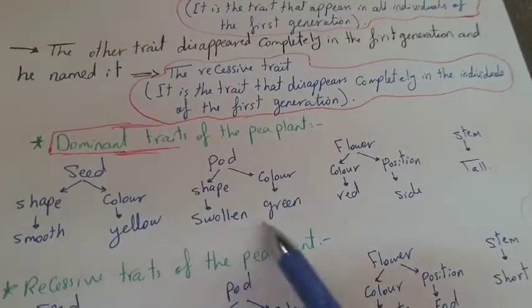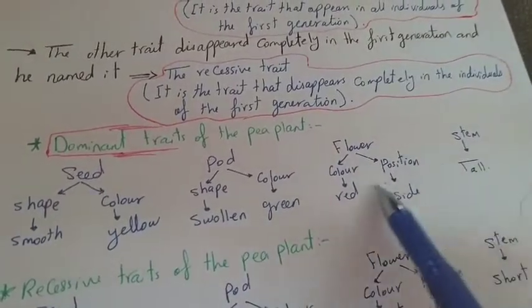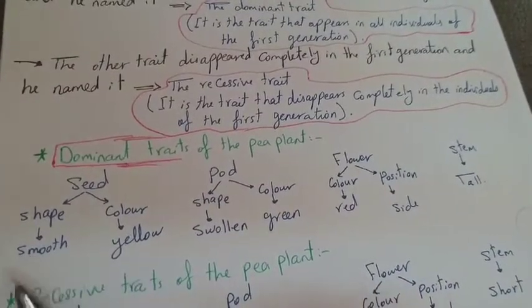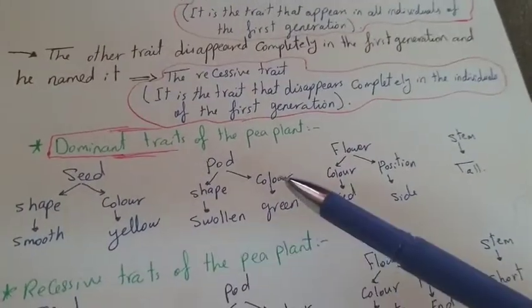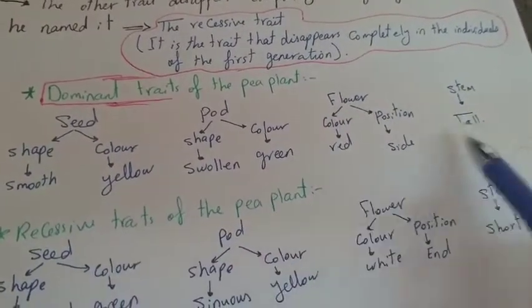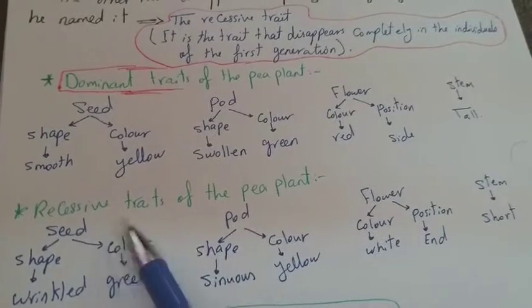So these are the traits that appear in all individuals of the first generation, and the opposite traits are the recessive traits.